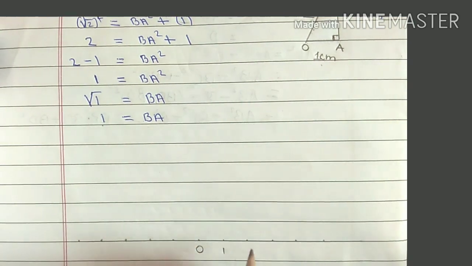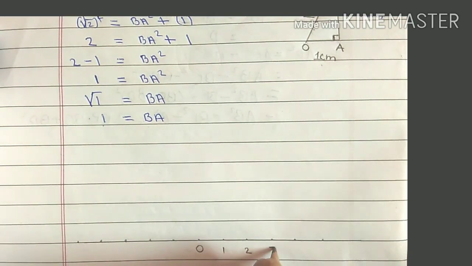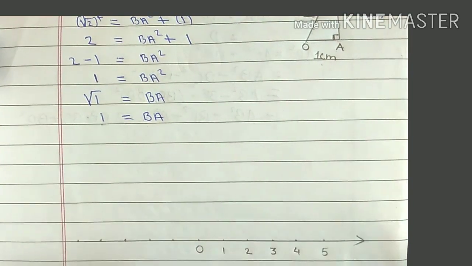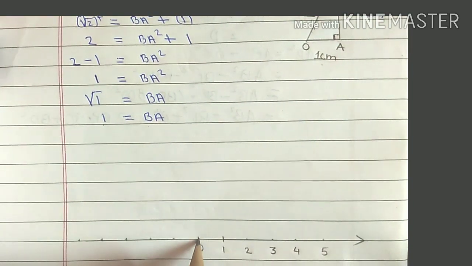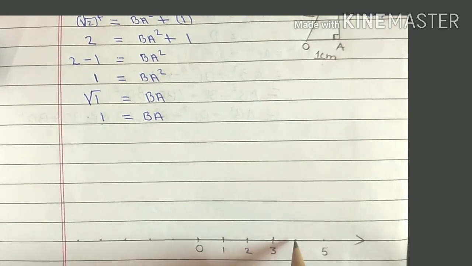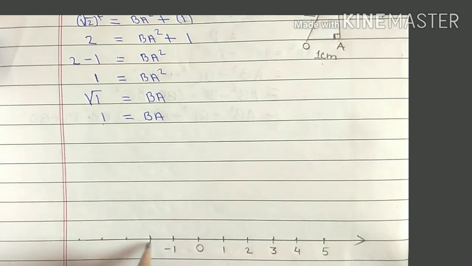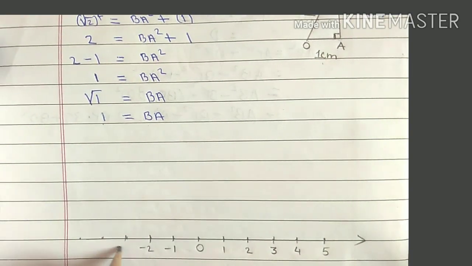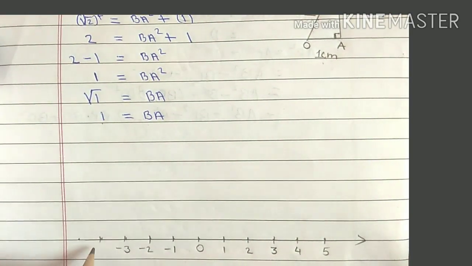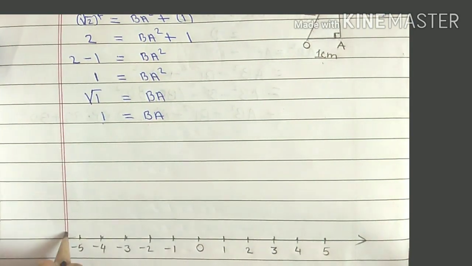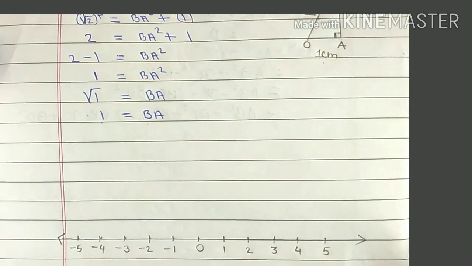This is 1, 2, 3, 4, 5 and so on. So this is my 0, 1, 2, 3, 4 and 5. On the other side, minus 1, minus 2, minus 3, minus 4, minus 5 and so on.